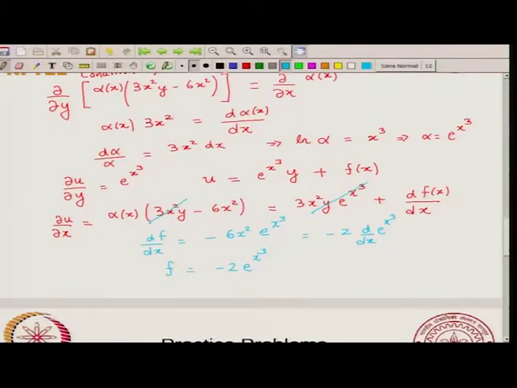Okay. And now you can substitute in here. So, u becomes e raised to x cube into y minus 2 e raised to x cube.